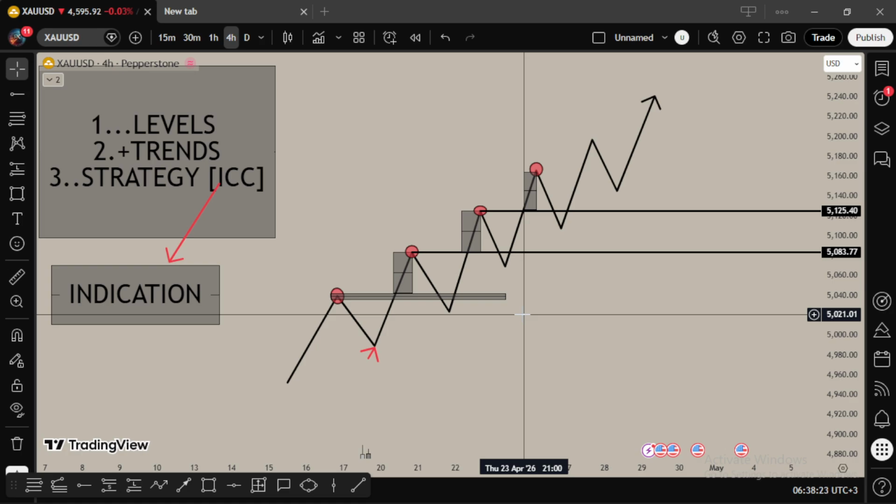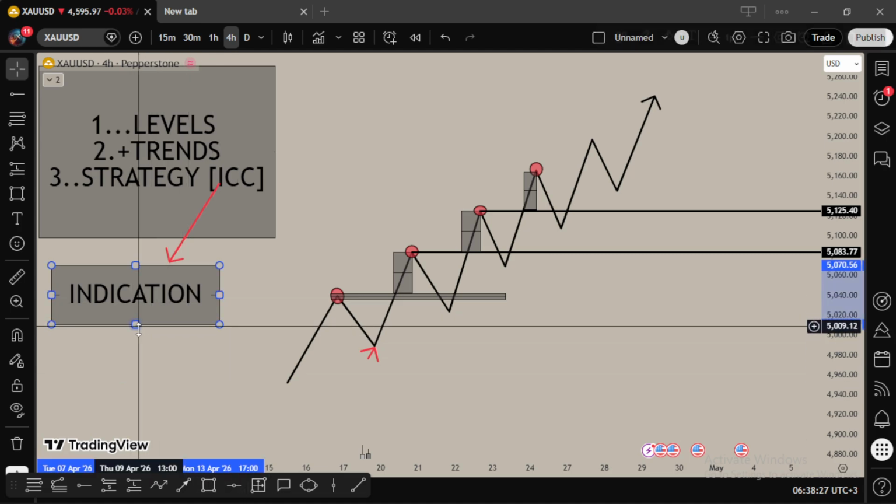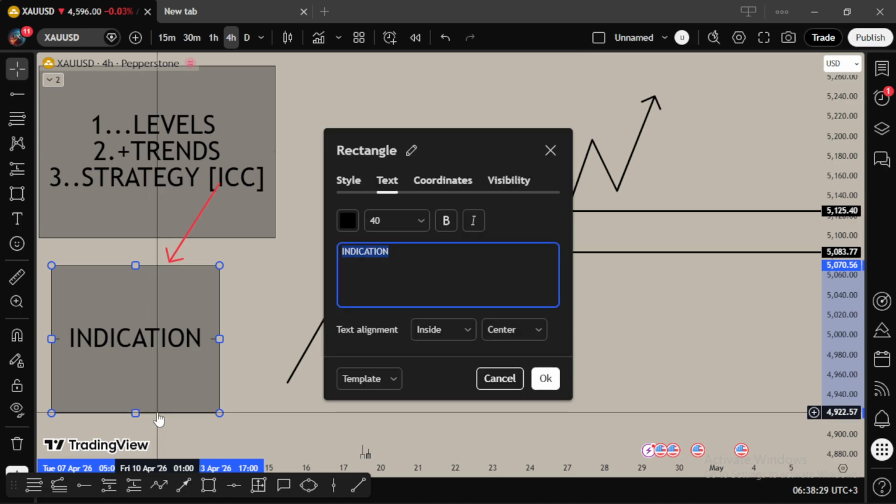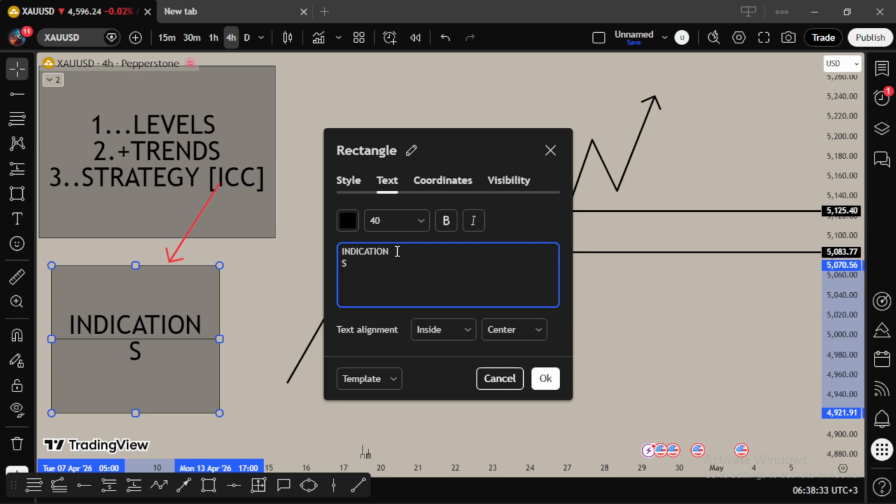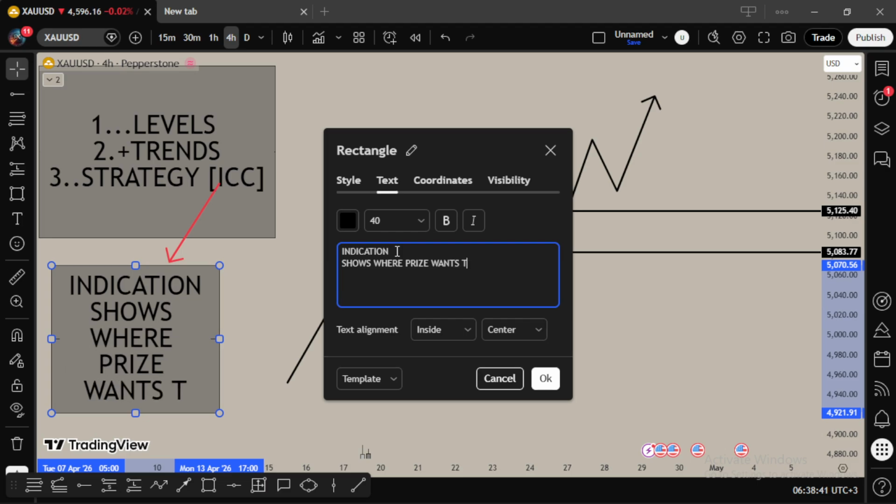Now you may want to ask yourself, what is the importance of the indication? Number one, indication shows where price wants to go, and gives TP levels.